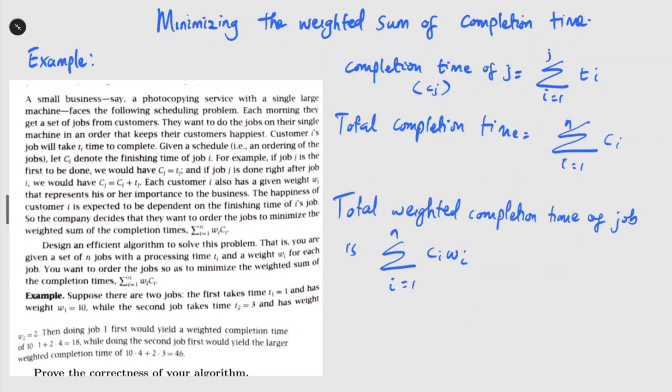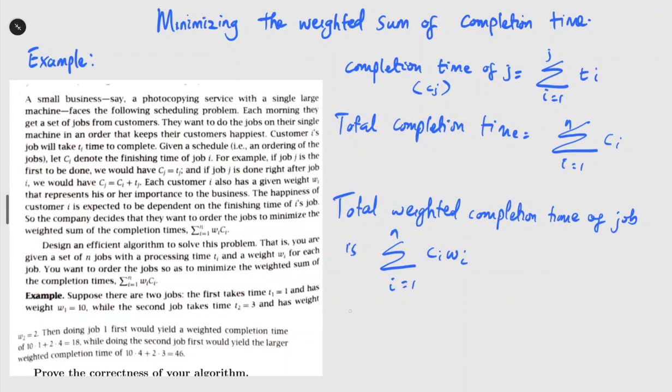So having this in mind, we want to create a second variable. Let's call it the priority, right? The priority of each customer. Because we want to schedule in decreasing order of weights, right? We want to attend to customers with the highest weight first.